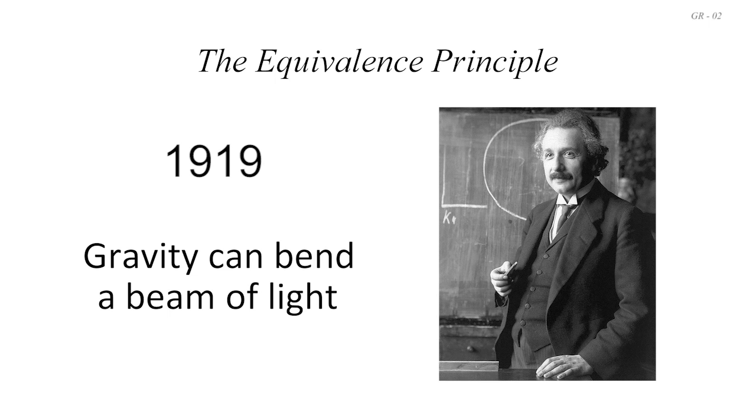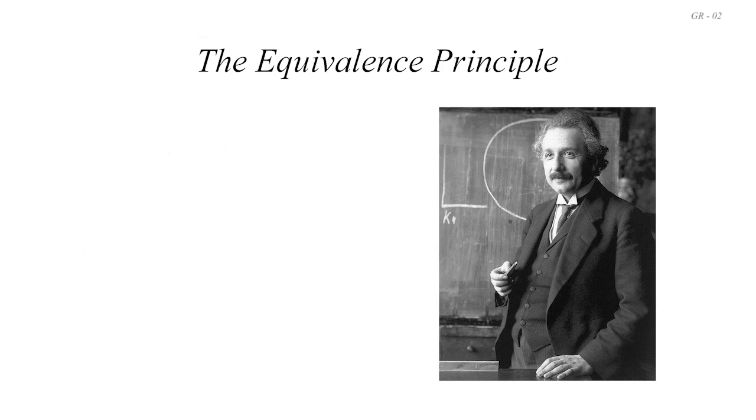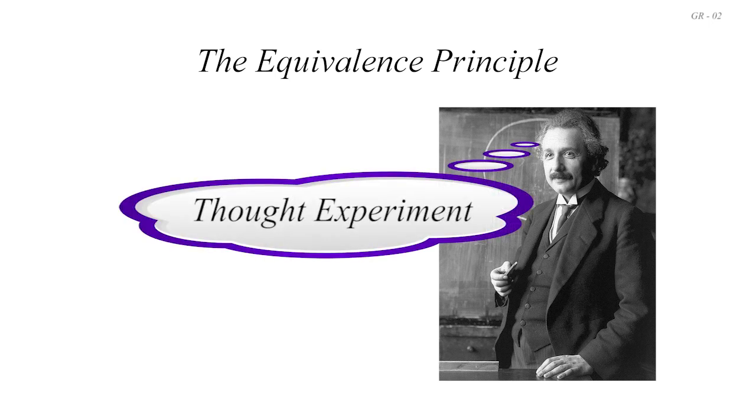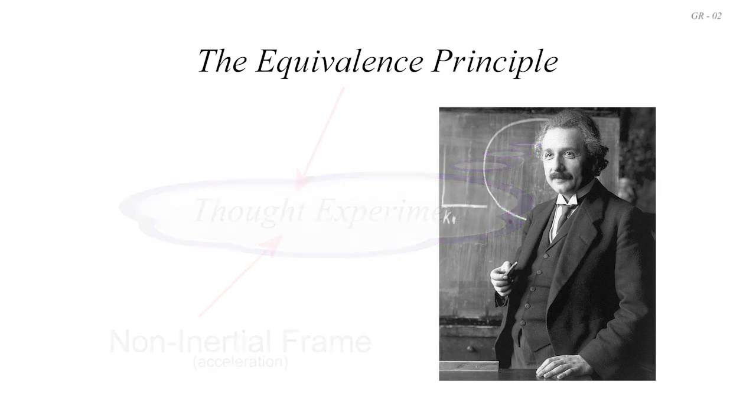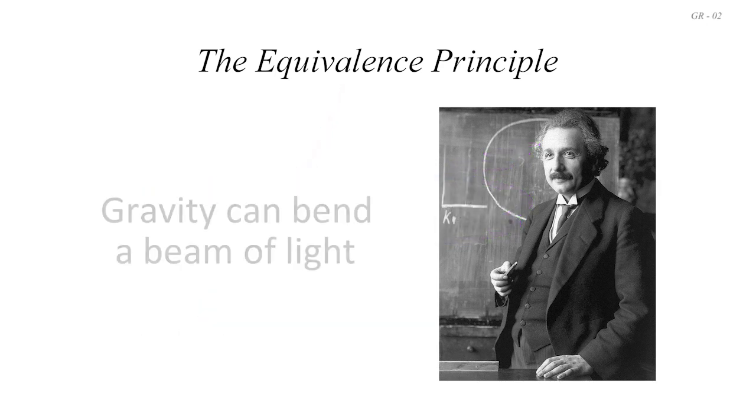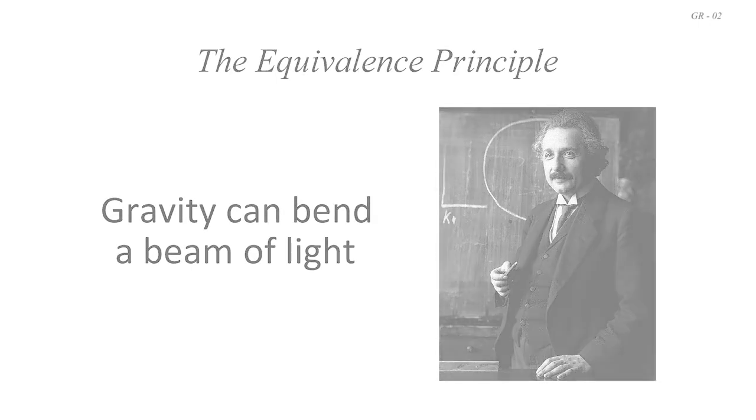However, Einstein took the equivalence principle, believed it, and worked through its consequences. To put it simply, we can say that he used a simple thought experiment to apply the equivalence principle to non-inertial frames, in other words, where one of the frames of reference is undergoing an acceleration. And from that thought experiment, he concluded that gravity can bend light.